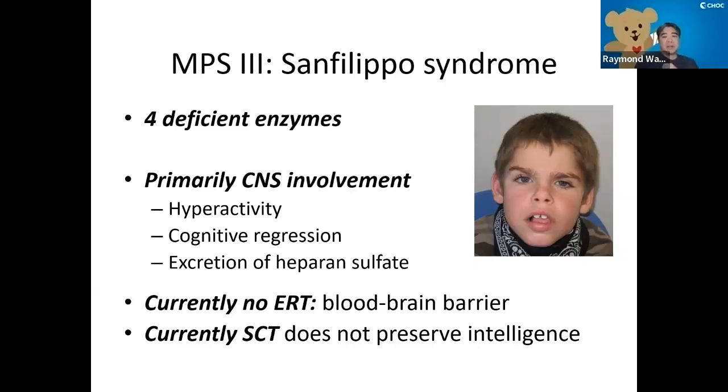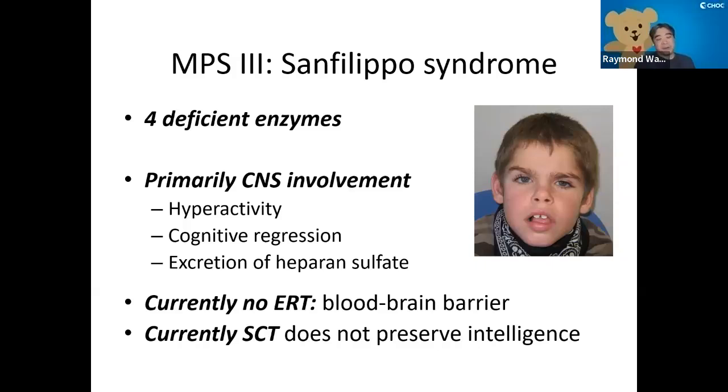We're noticing in the MPS 1 children that are identified by newborn screening, starting ERT in those children as neonates has a tremendous effect upon facial features and prevents all the ENT issues.